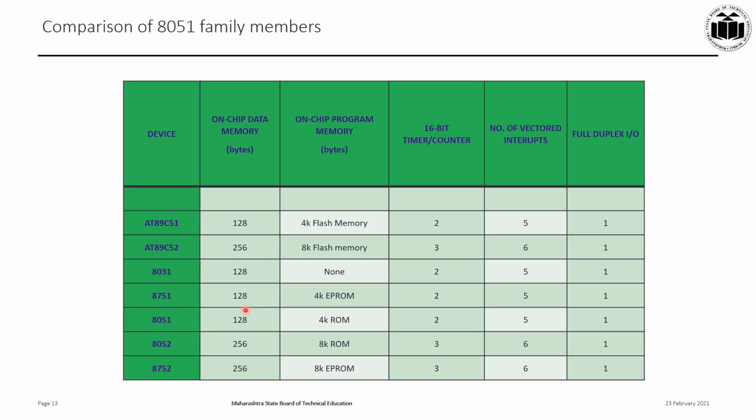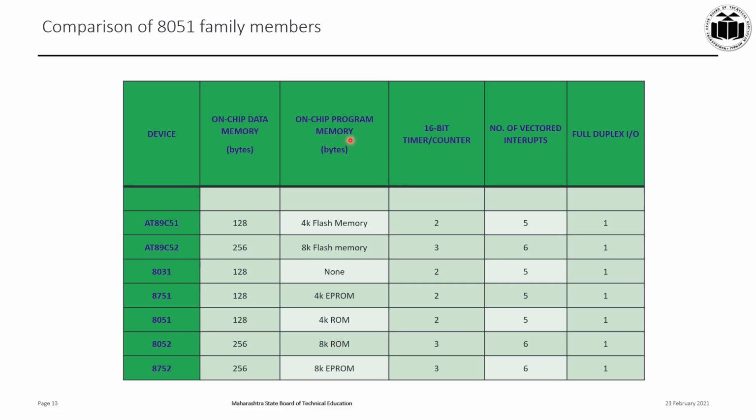The 8751 also has 128 bytes. The 8051 also has 128 bytes, which we already know, and the 8052, just like the 89C52, also has 256, double the on-chip data memory. Even the 8752 has double the on-chip data memory compared with the 8751. Here it is 256 bytes of on-chip data memory.